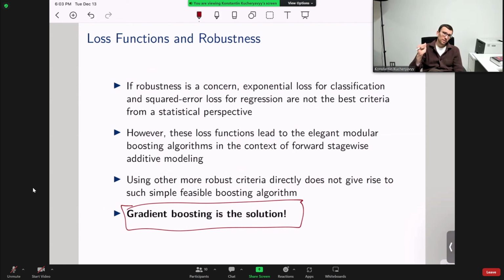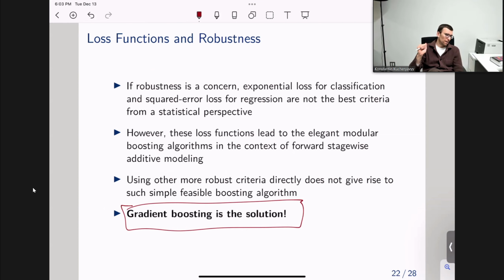Another reason: stage-wise modeling is a very general idea, and AdaBoost is just one application of this idea with exponential loss. But again, what if exponential loss might not be the best loss?